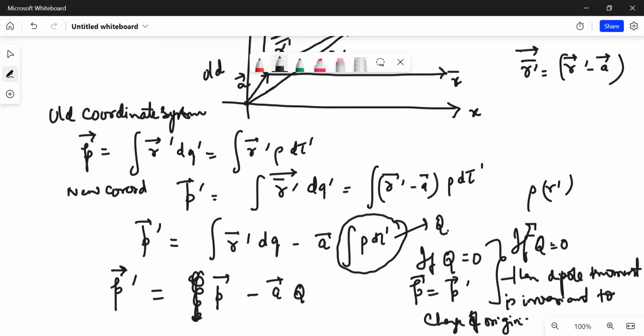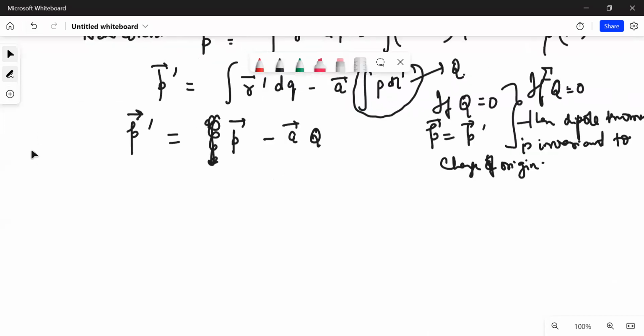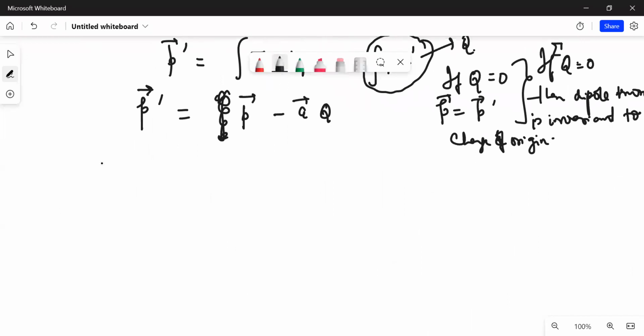Is that clear or not clear? Yes, sir. Okay. हाँ भैया. And further, अगर थोड़ा सा ध्यान से देखोगे, if let's say your charges are distributed in this fashion, let's say you have plus q here and plus q here and minus 2q here.